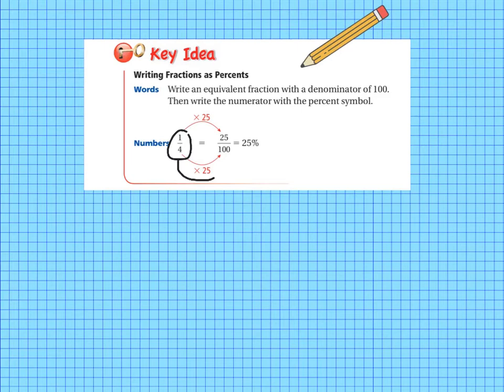So we're going to multiply it by 25 because 4 times 25 equals 100. And if I multiply the bottom of my fraction by 25, I have to multiply the numerator by 25. And 1 times 25 equals 25. And then I know from the previous key idea that 25 over 100 equals 25%.